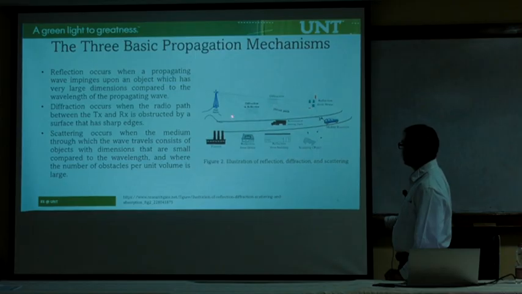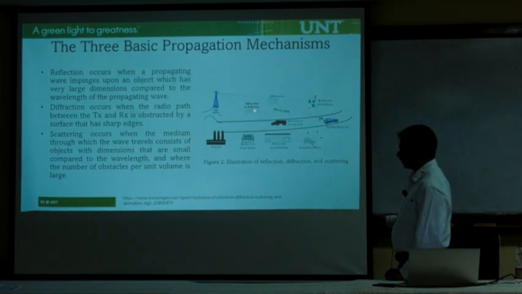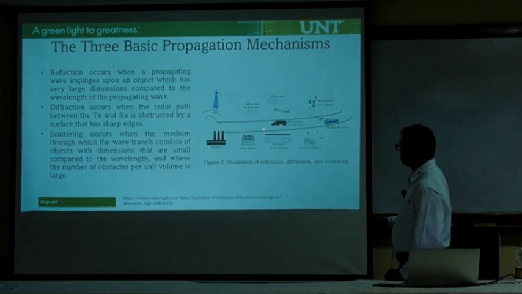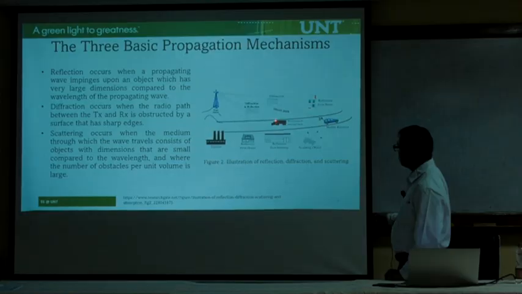So that is one path, typically one of the longer paths. And then there is another one from the building, reflected to the mobile vehicle, and then it falls on an object and gets scattered.